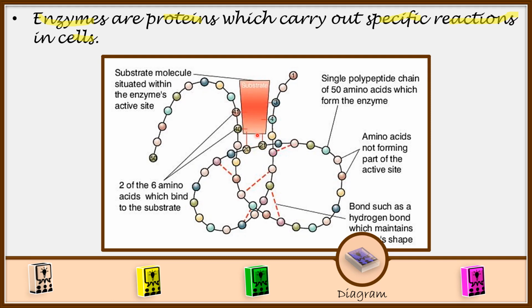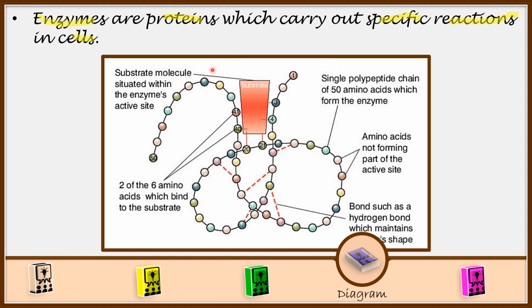It is protein in nature, and it is made up of very many amino acids. Let us try to go through. We say that these enzymes carry out specific reactions in the cell.